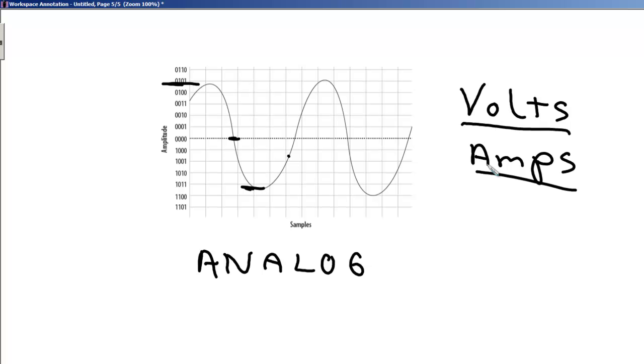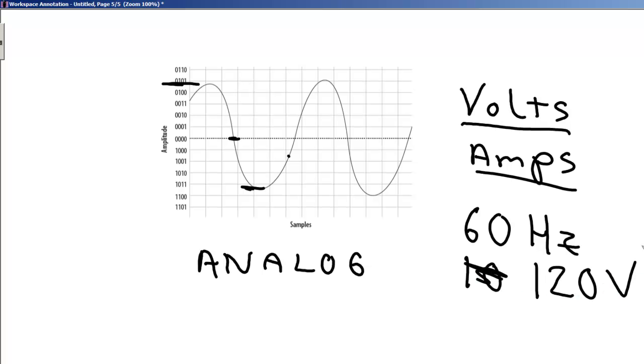The best example of an analog or AC waveform that you're used to, which is a sine wave, is actually the power coming from your power company. That is an AC analog waveform. In the United States, that's typically running at 60 hertz. We'll talk about hertz later. And it's at 120 volts.